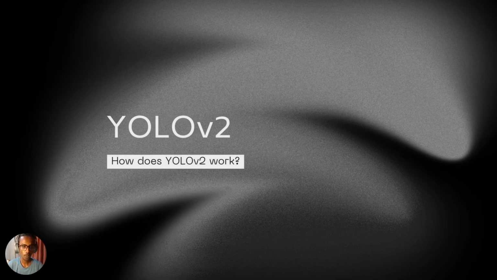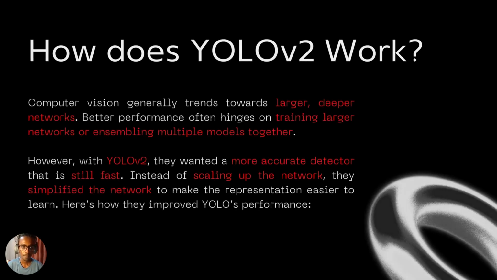So how does the YOLO v2 model work? Computer vision generally trends toward larger and deeper networks if you want to improve the detection accuracy. For example, if you want better performance for your model, you have to create a model that is very deep and larger, and the resolution of the input image also needs to be increased so that the detection accuracy can be enhanced.